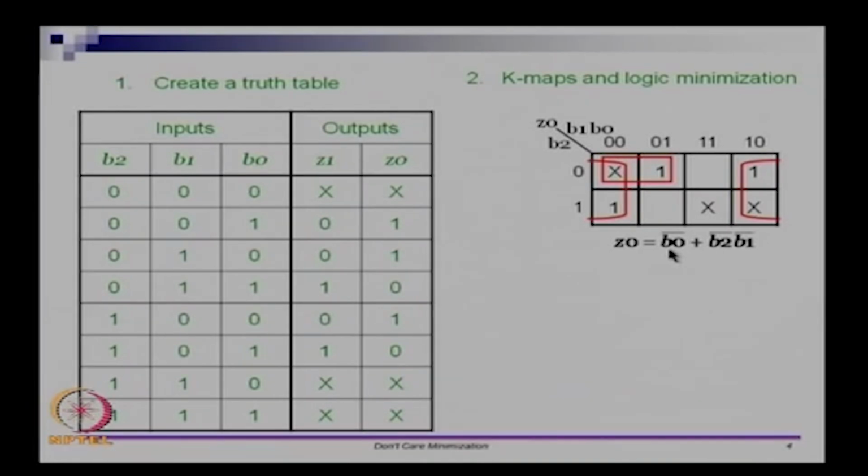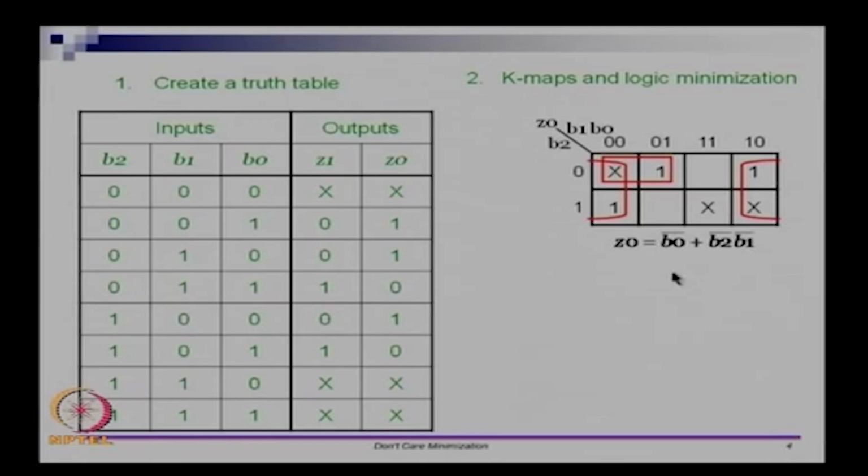So you have b naught complement. And if you look at this grouping, again we have used x as 1 here. So this belongs to the row b2 complement, so that is 0 here, and then you have b1 complement coming from these 2 columns. So the overall result is b naught complement plus b2 complement and b1 complement.